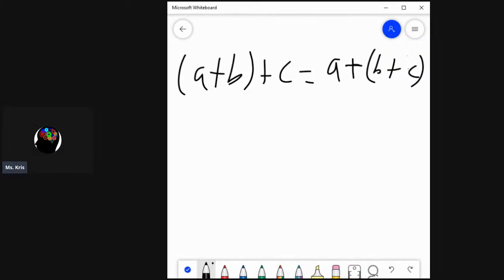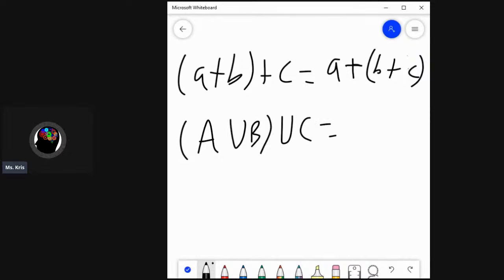So now, in parentheses, set A union with set B, union with set C, is the same thing as saying A union with, in parentheses, the union of B and C.